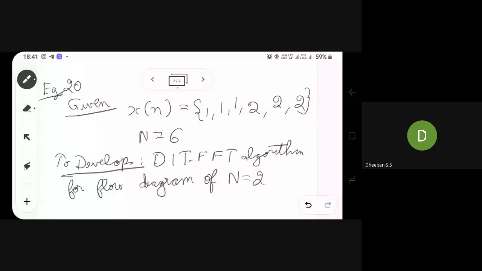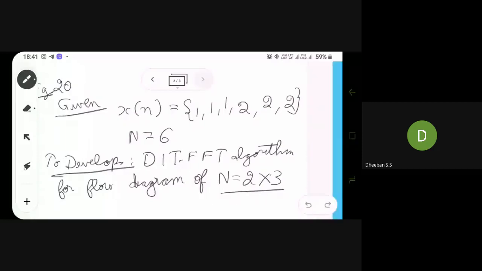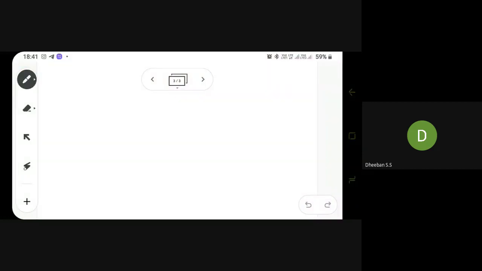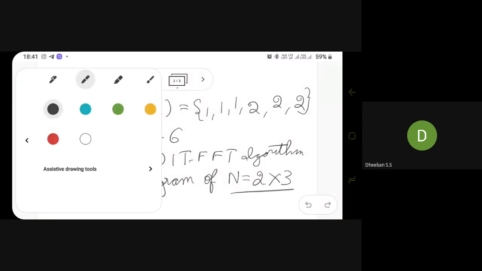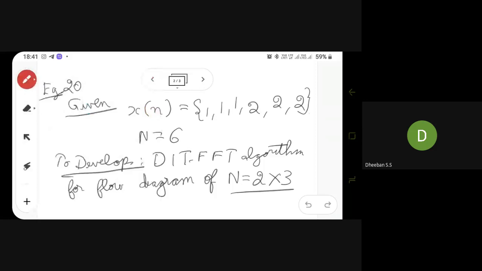They are asking to find about this. Till now we have dealt with N equal to 8, N equal to 4, and N equal to 2. But here it comes with respect to N equal to 6. If it is N equal to 6, you can take it as radix 3. So the radix coming over here is of 3.